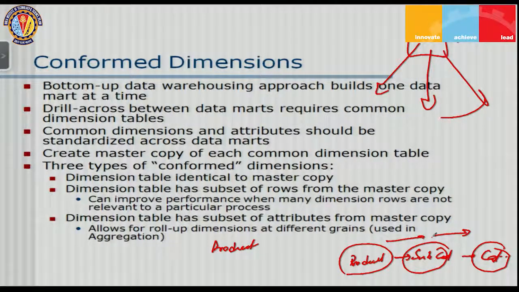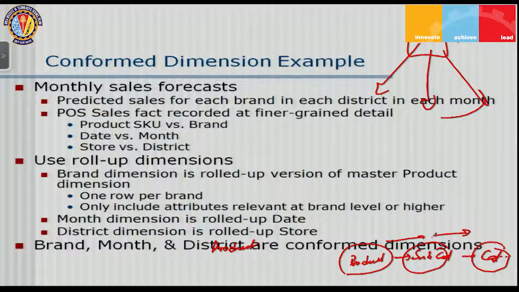Once we remove those attributes, the dimension is also called conformed. So there are three situations: one is an identical copy, second is a subset of rows, and third is a subset of columns or attributes. In these three situations, we call a dimension a conformed dimension.